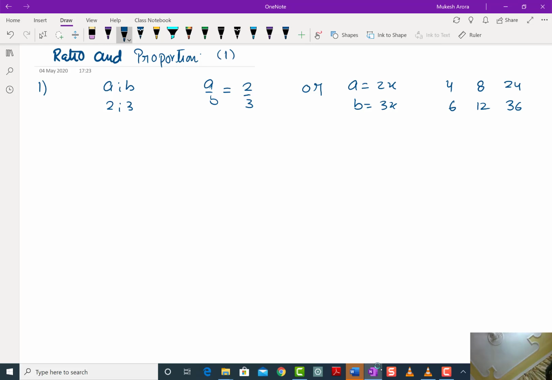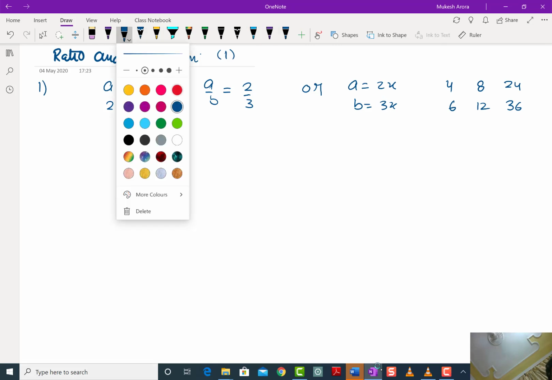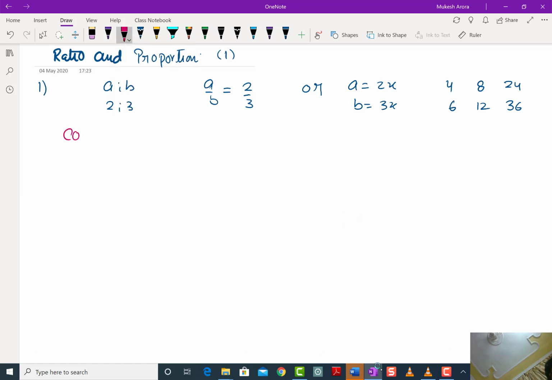First of all, today there are compositions of ratios. The first is the compounded ratio.